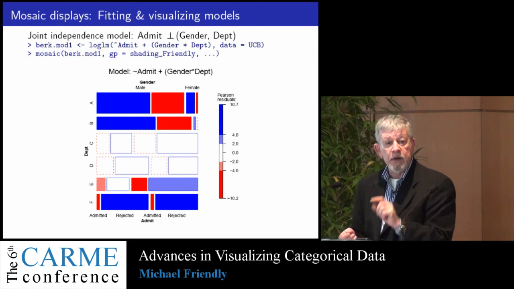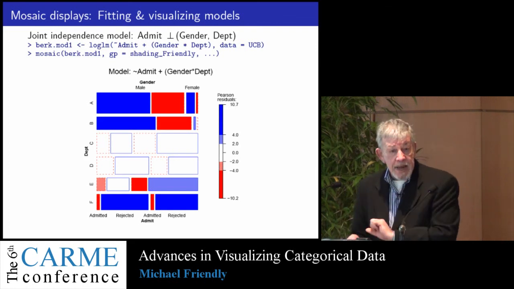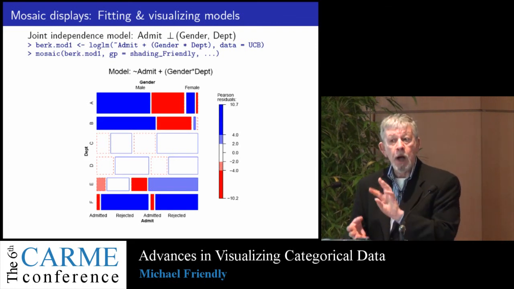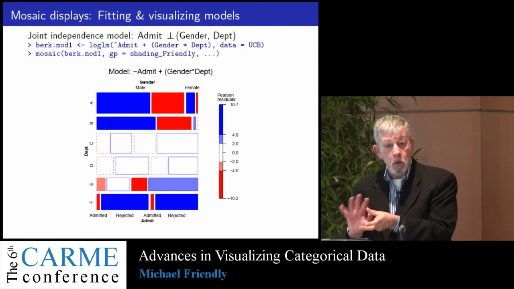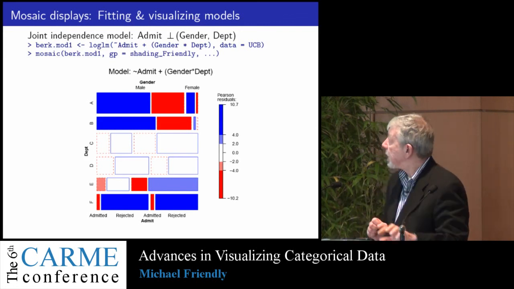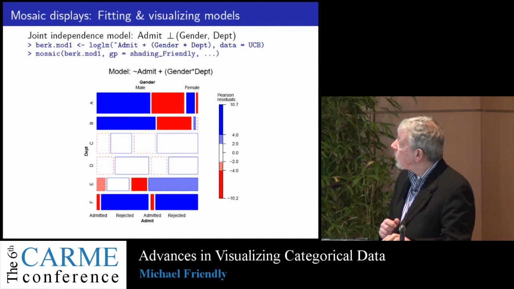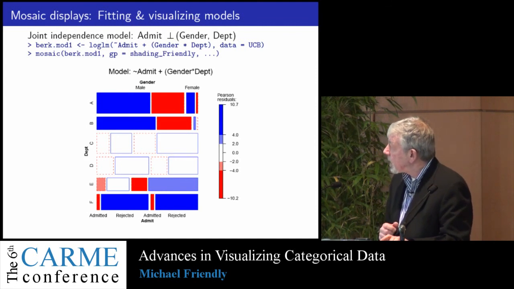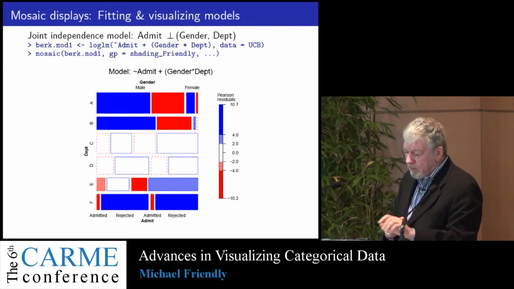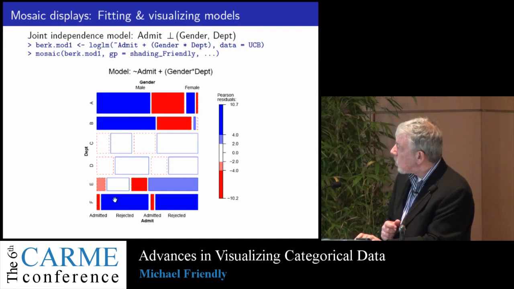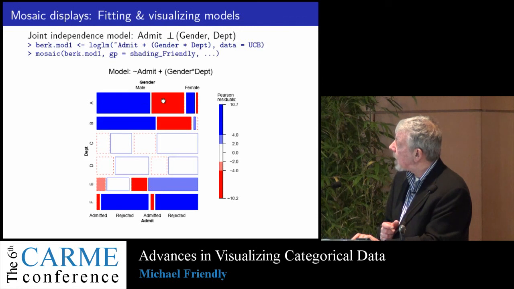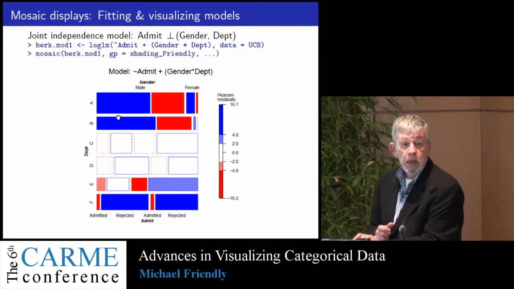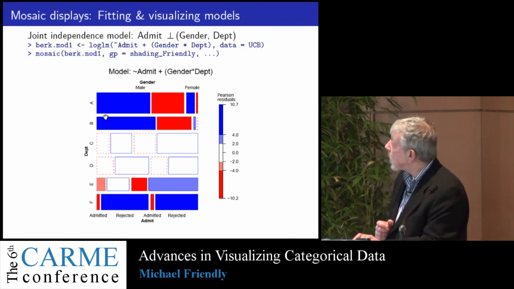That is, the extent to which admission depends on department or gender or the combinations of department and gender. Again, this model does not fit well. There's a lot of shading. But if you look at the pattern of red, blue at the bottom versus blue, red at the top, you see that there's something going on here.